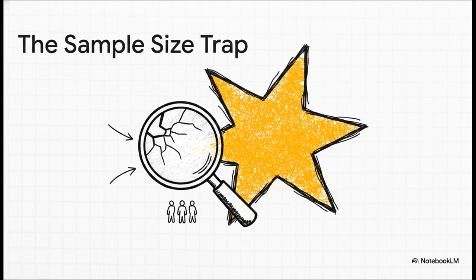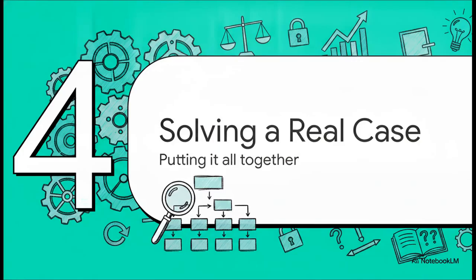That is often way too small to detect anything but massive, glaringly obvious changes. And when researchers do this and find nothing, they might falsely conclude that no effect exists, which is a type 2 error, when in reality, they simply lack the statistical power to see the genuine effect that was sitting right in front of them. Let's move to part 4 and see how this builds: solving a real case.